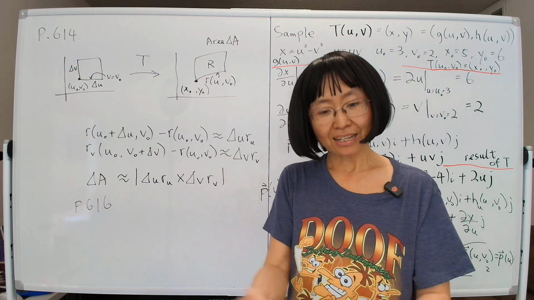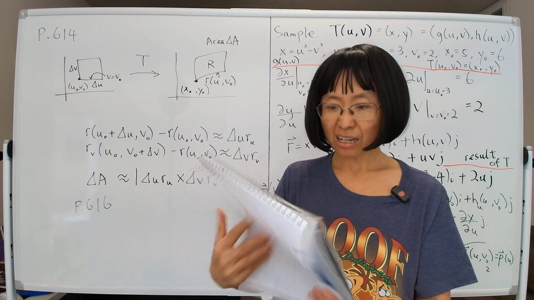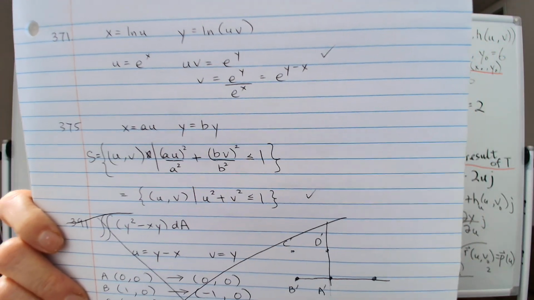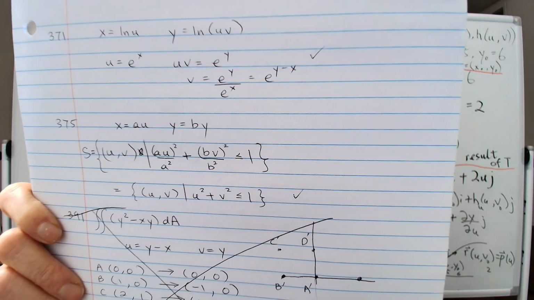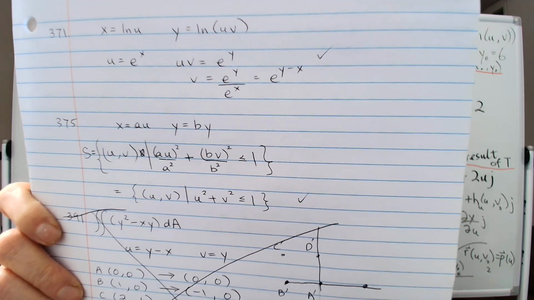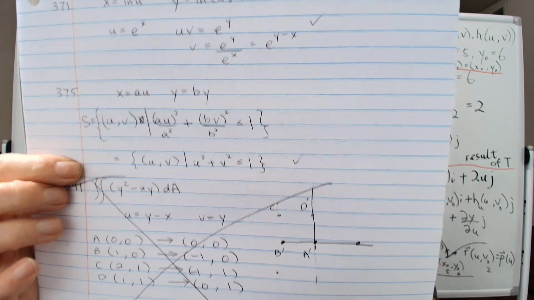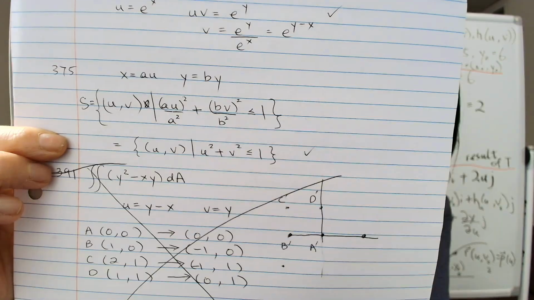So that's that. And the next problem, 371, it's very short, so I'm not even going to figure out what it's about. I guess maybe you're supposed to plug U and V out of this, which is simple enough. You manipulate it and then it pops out. 375, the same thing, I think.